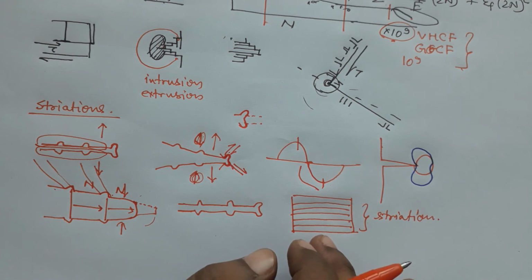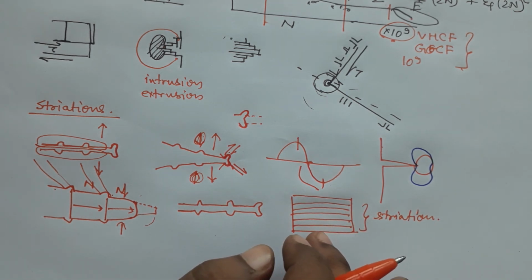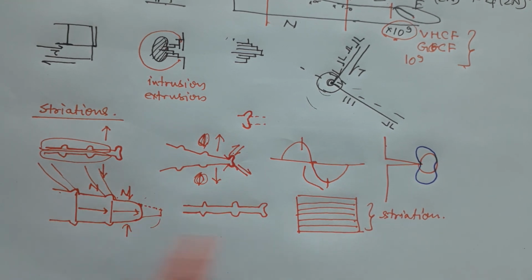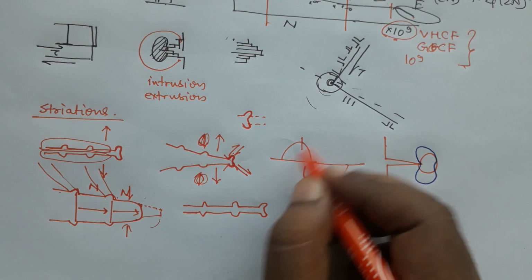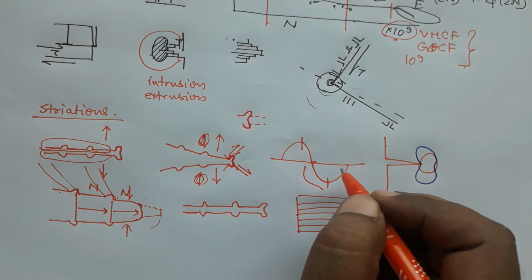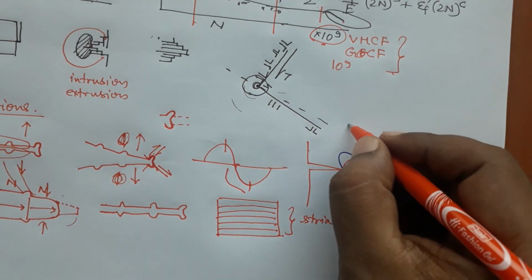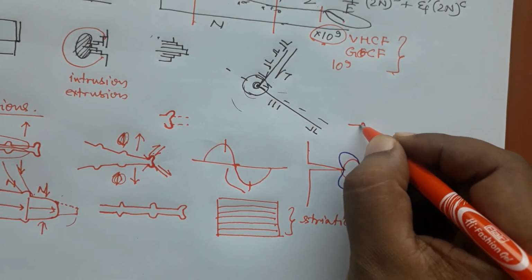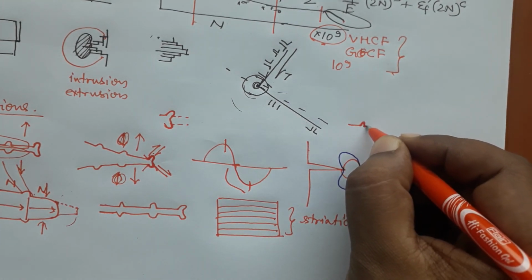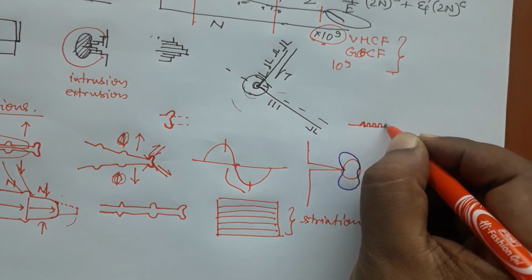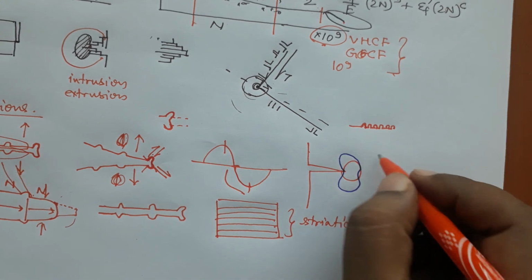So they give you a lot of information about the number of cycles you have had, but the problem is that if you have a very high frequency of load application, and the crack is still growing, then you may have a situation where you have one cycle and then the crack propagates, and another cycle is very close to it.